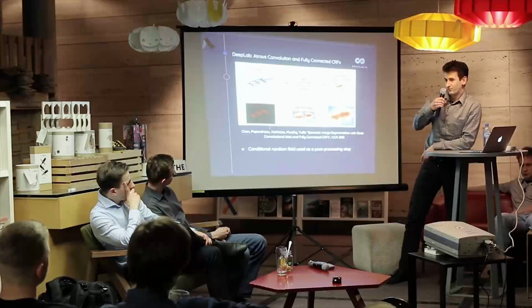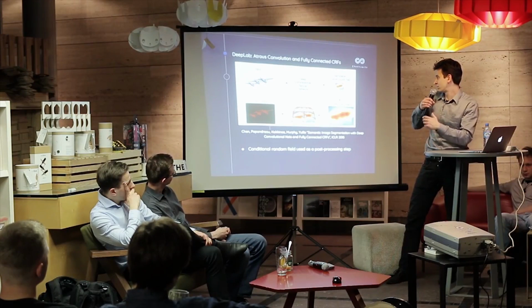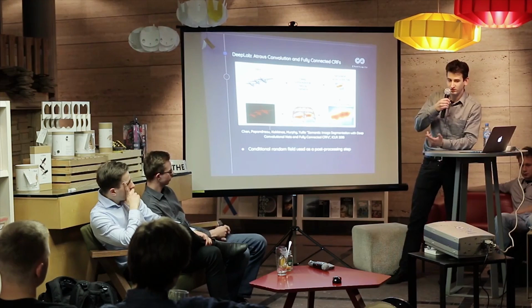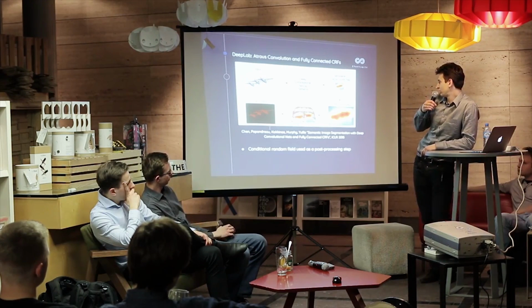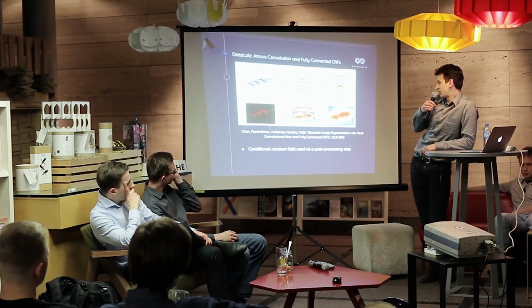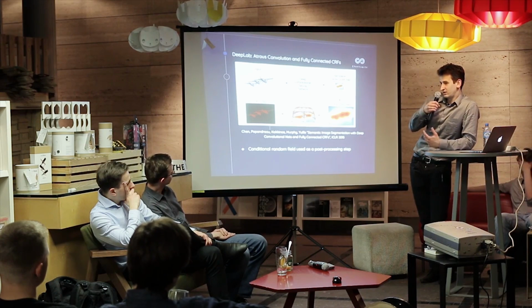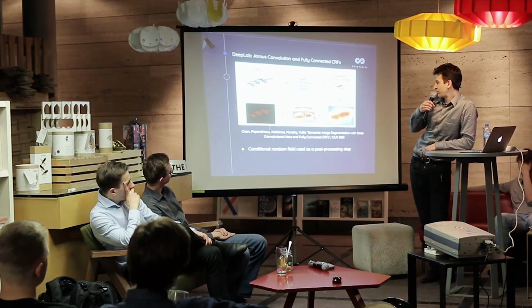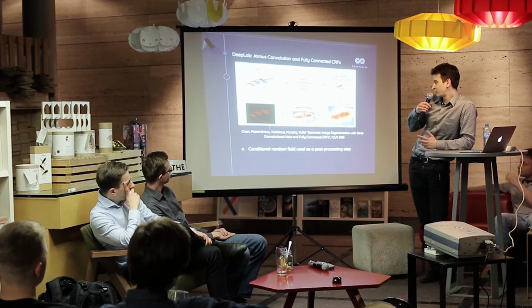Next we take this score map, upsample it to the original resolution by using, for instance, bilinear interpolation, and later apply as a post-processing step conditional random field processing, and after it we have the segmentation mask.